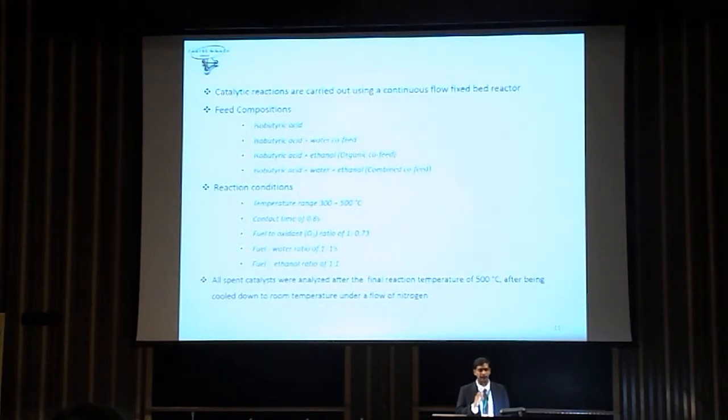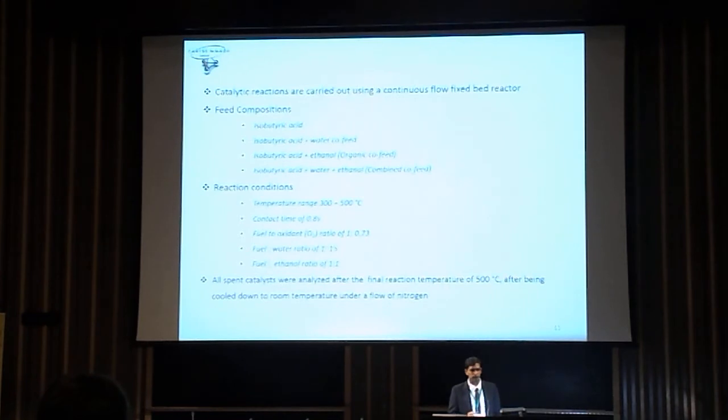So we defined four conditions to investigate the phase transformation of this iron phosphate. That is, isobutyric acid alone, passing isobutyric acid and water through this catalyst, passing isobutyric acid and ethanol, which is called an organic co-feed, and isobutyric acid plus water plus ethanol, which is called a combined co-feed.